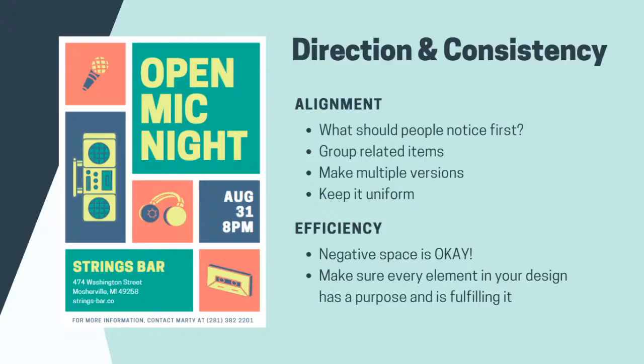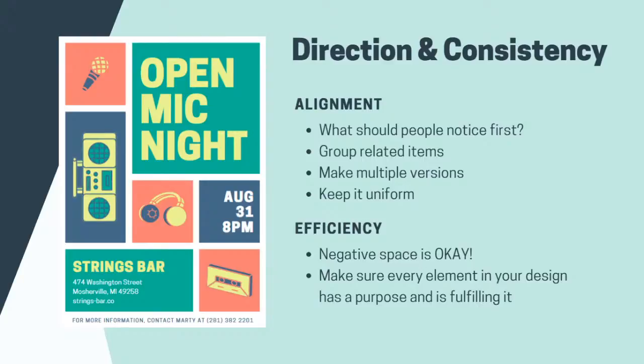And the last thing about alignment is keep it uniform. When you look at the blue block that says August 31st, 8 p.m., they're all aligned on the right side of the document. When you look at open mic and night, they're all aligned on the left side.